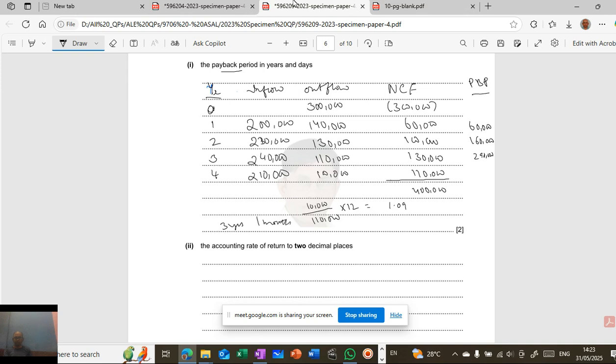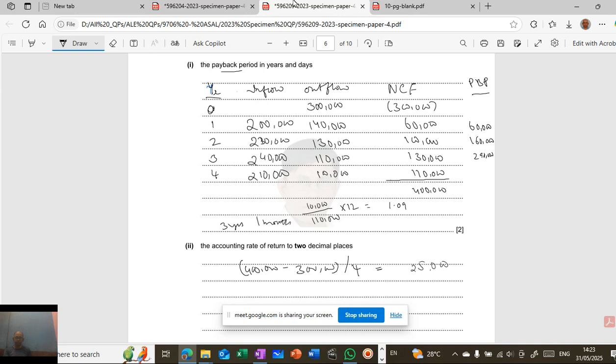So accounting rate of return is 4 lakh minus 3 lakh, 100,000, divided by 4, because it is the average. Minus 3 lakh. So 1 lakh divided by 4 is 25,000.